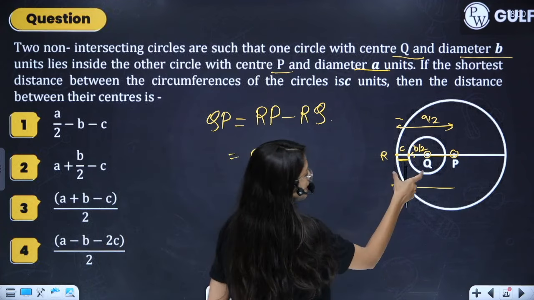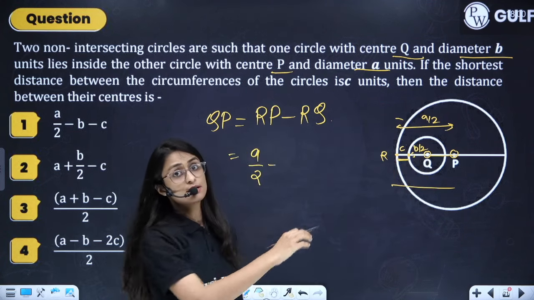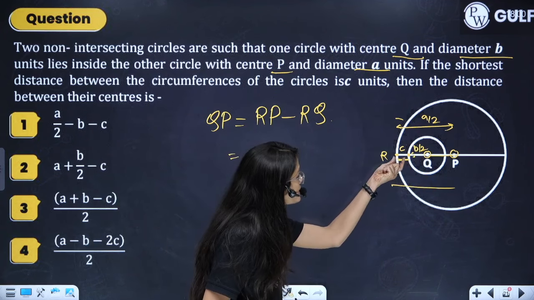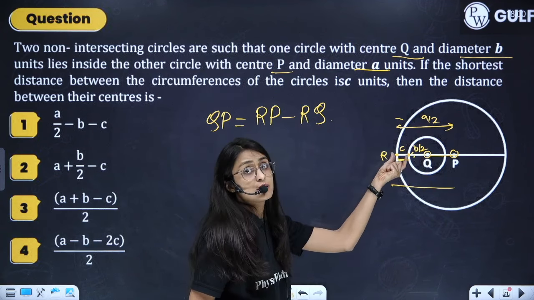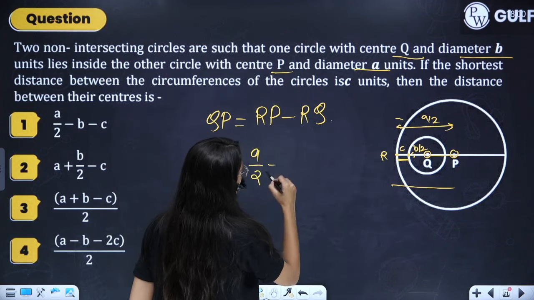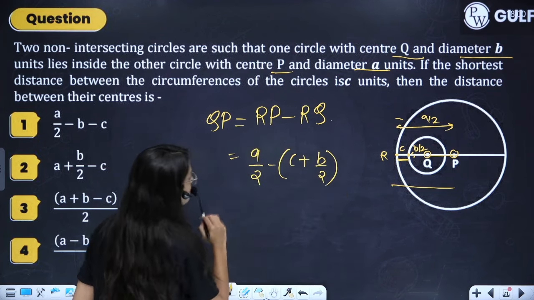Now observe what my RQ is. First of all, this SQ is my B by 2, which is the radius of my smaller circle with the center Q. And this C is the distance between the circumferences of both the circles. So I'll subtract B by 2 plus C from A by 2.